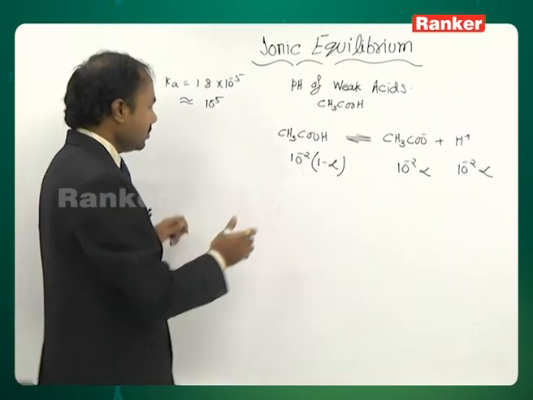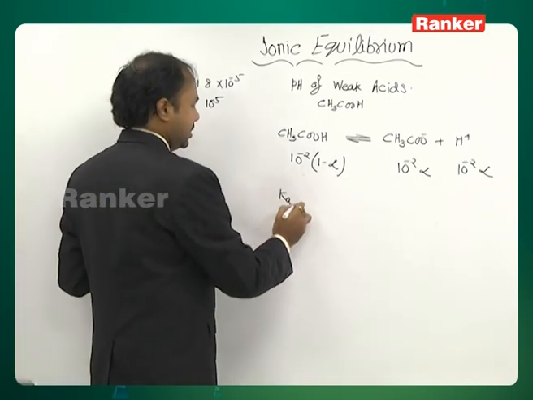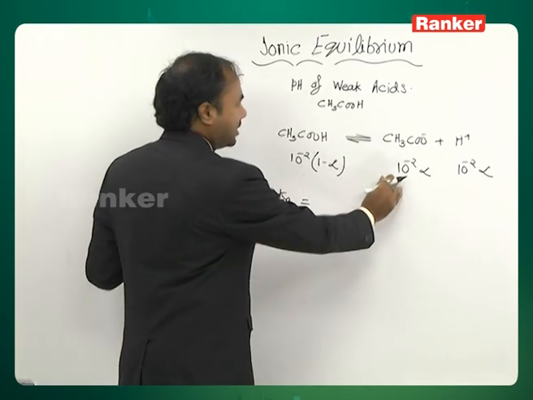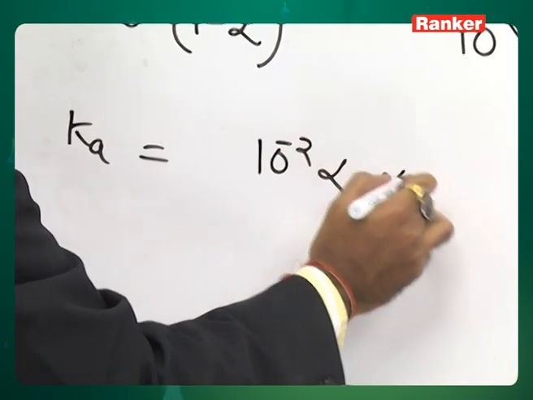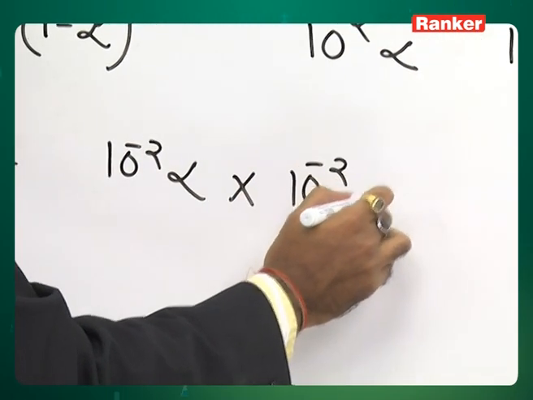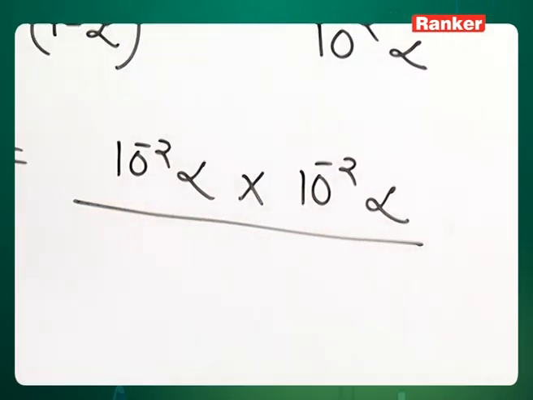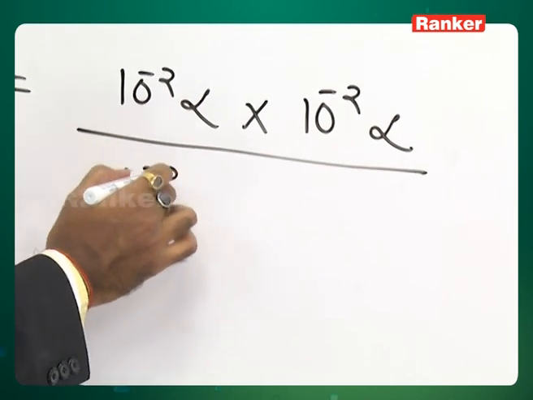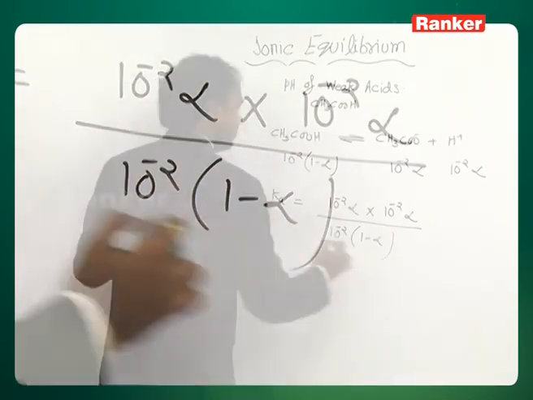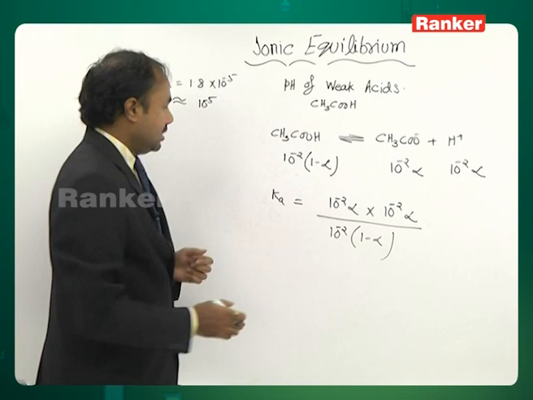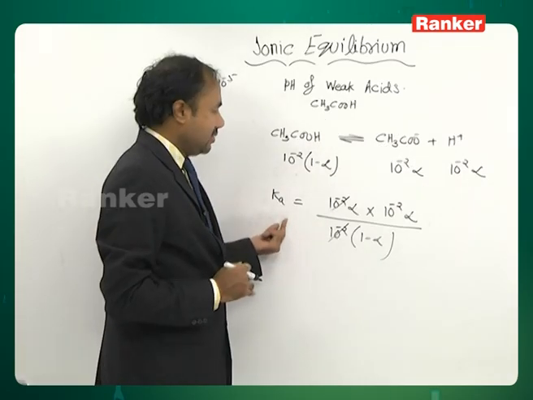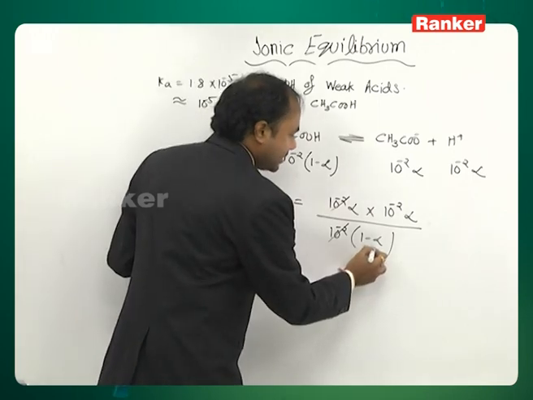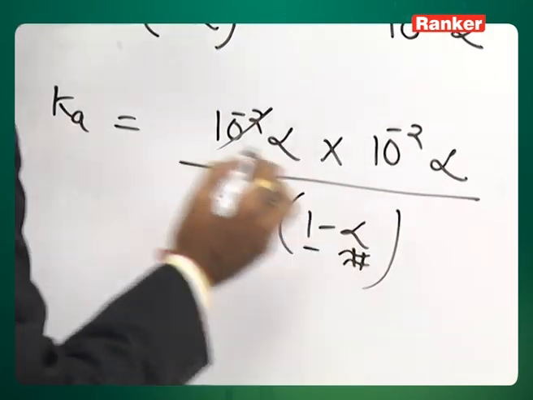Now Ka will be equal to the concentration of acetate ion, which is 10 to the power minus 2 alpha, into the concentration of H plus ion, which is 10 to the minus 2 alpha, upon 10 to the minus 2 into 1 minus alpha. A 10 to the minus 2 gets cancelled. Now we take the approximation that alpha is negligible as compared to 1.